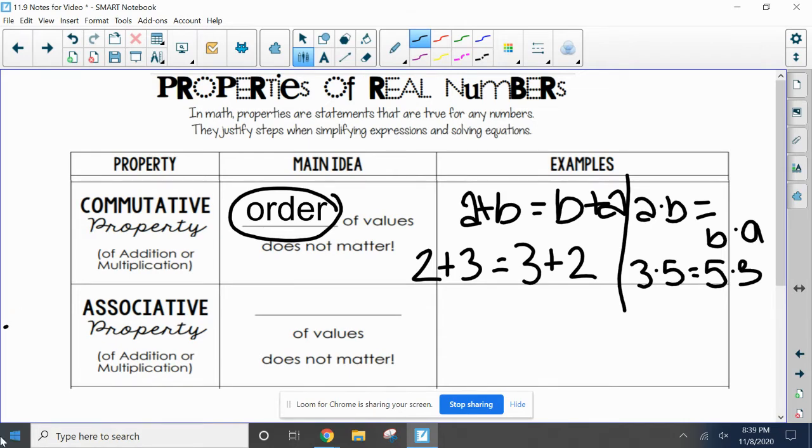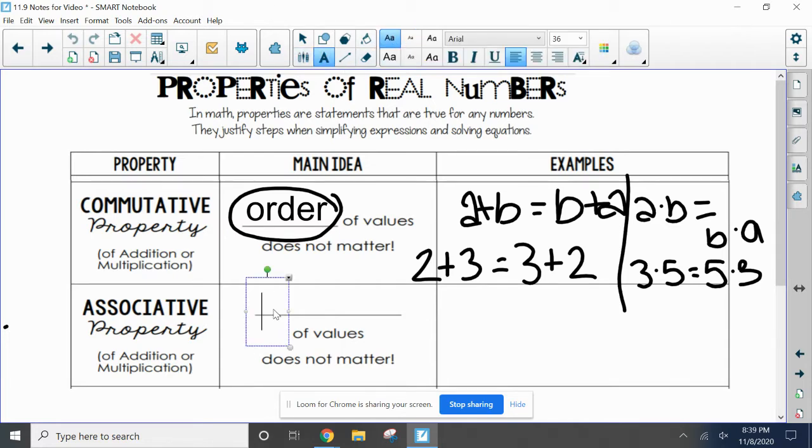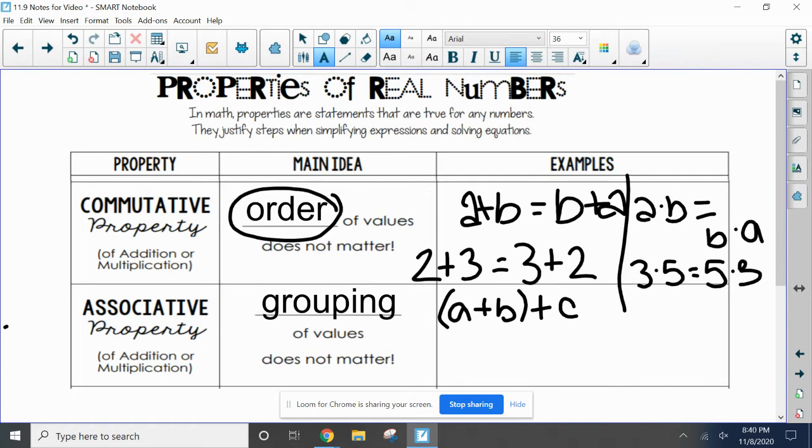All right, so then your associative property is about the grouping of the values. The grouping of the values does not matter. So what that states, and again it works for addition and multiplication, is that for A plus B plus C, because they're all being added together, I could change the two that are grouped together.